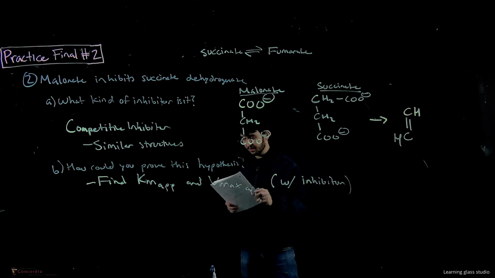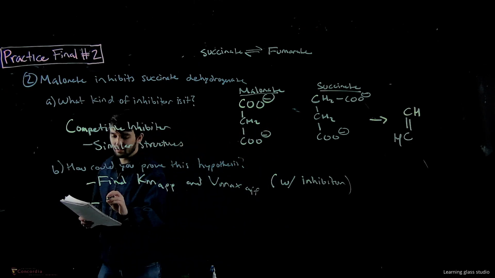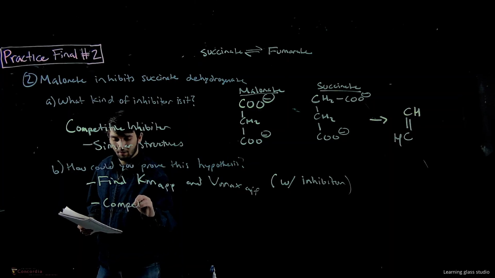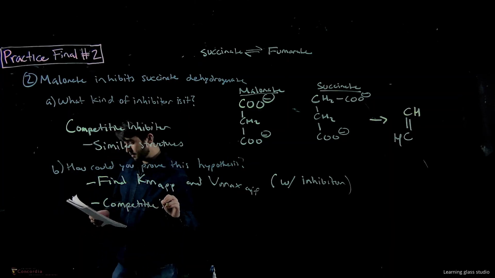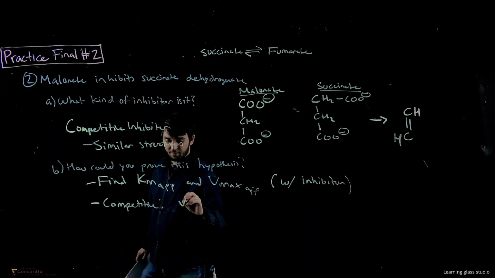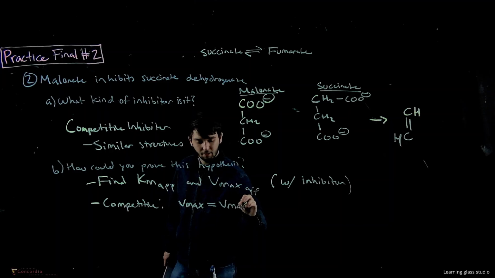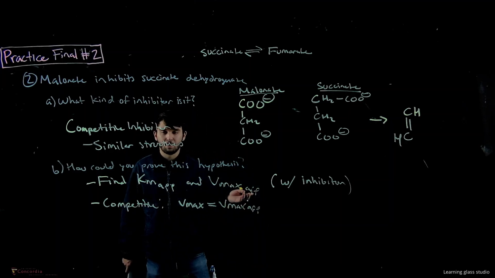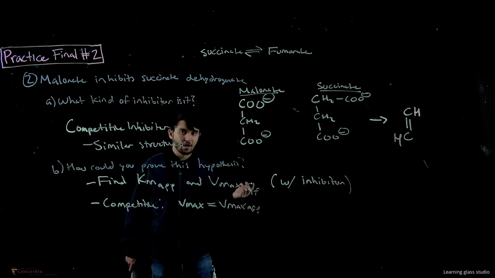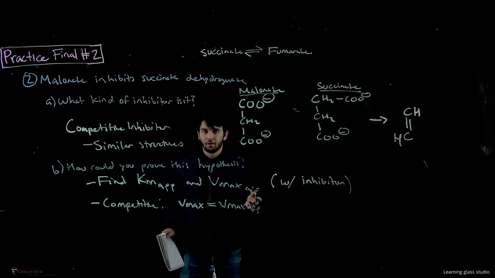And if this is a competitive inhibitor, what we find is that Vmax is equivalent to Vmax apparent, right? Because if you add enough substrate with a competitive inhibitor, the substrate outcompetes the competitive inhibitor, and you get the same max velocity. The enzyme active site isn't altered at all.